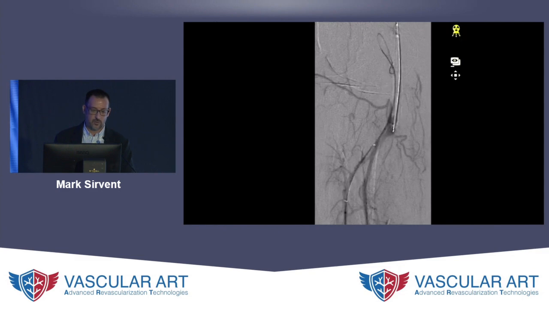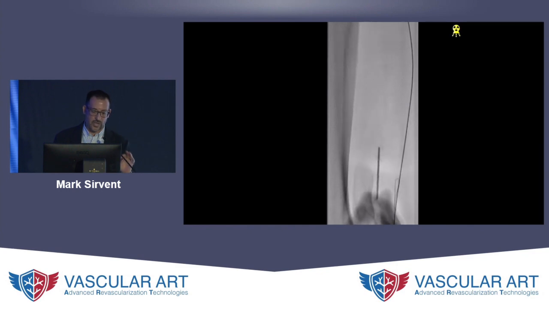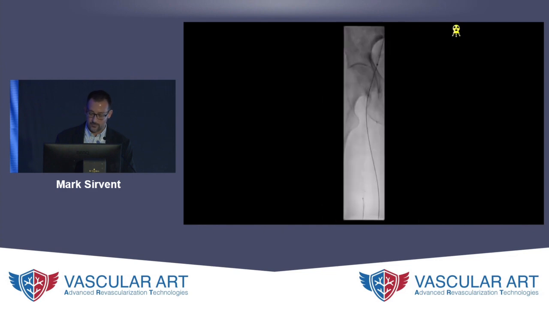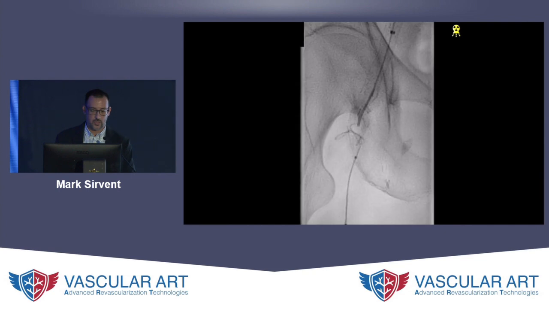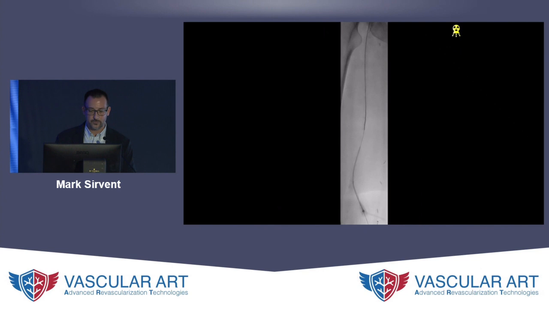We perform a subintimal approach from below. Here, the artery was broken, so we punctured the occluded artery at this level. A retrograde reconstruction using a subintimal strategy, and finally, we did the rendezvous.